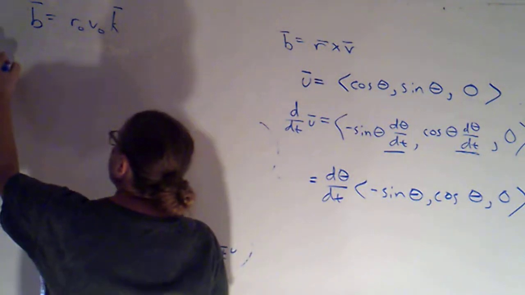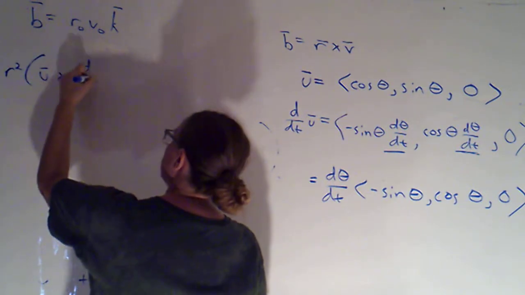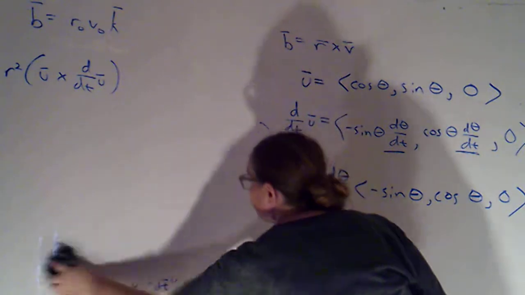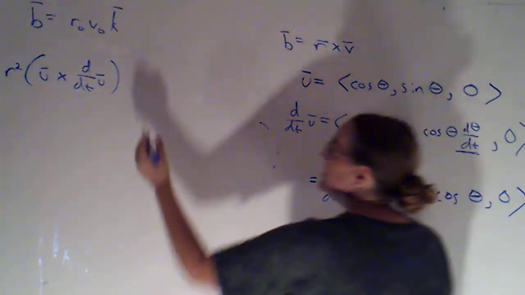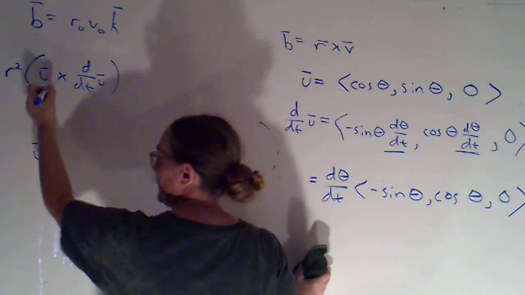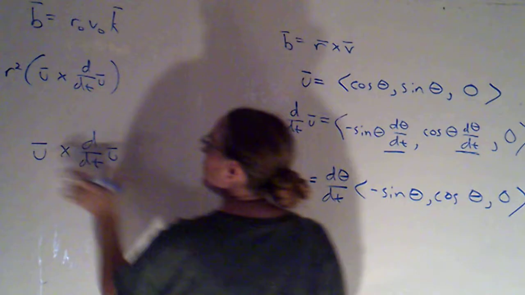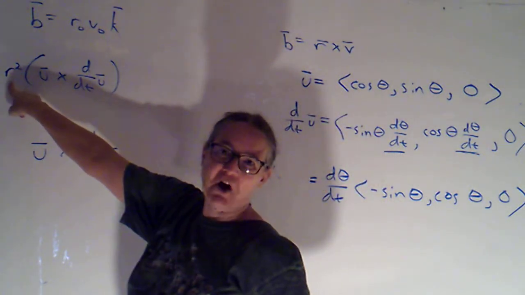So let me just write that up here. And then let's work out what that is. Okay. So I'm going to just focus right now on the cross product. We'll work that out. Once we've got that, we've got to scale it by a factor of r squared.